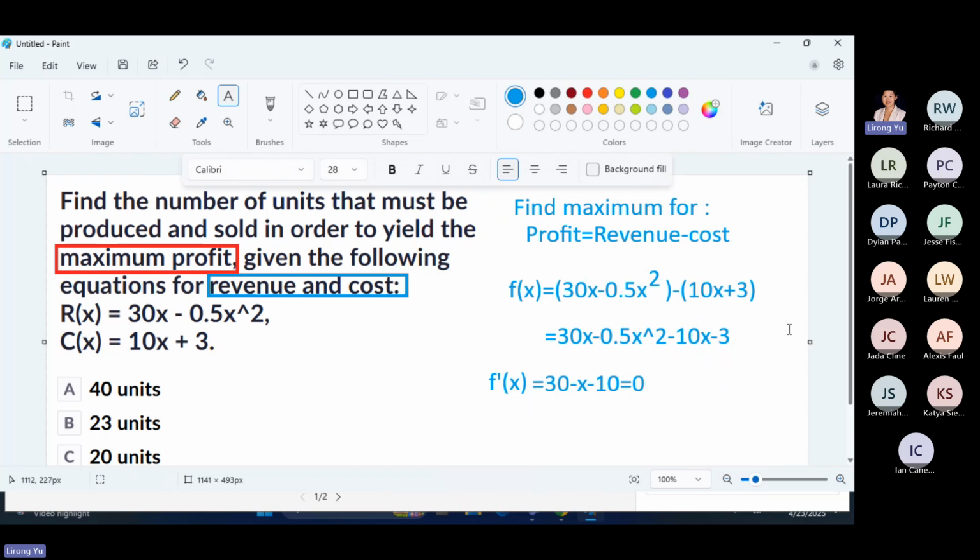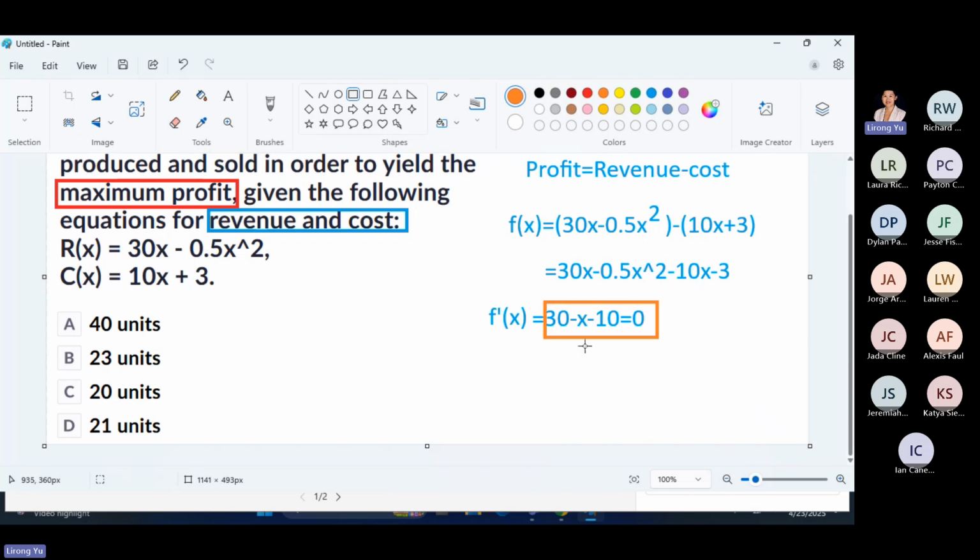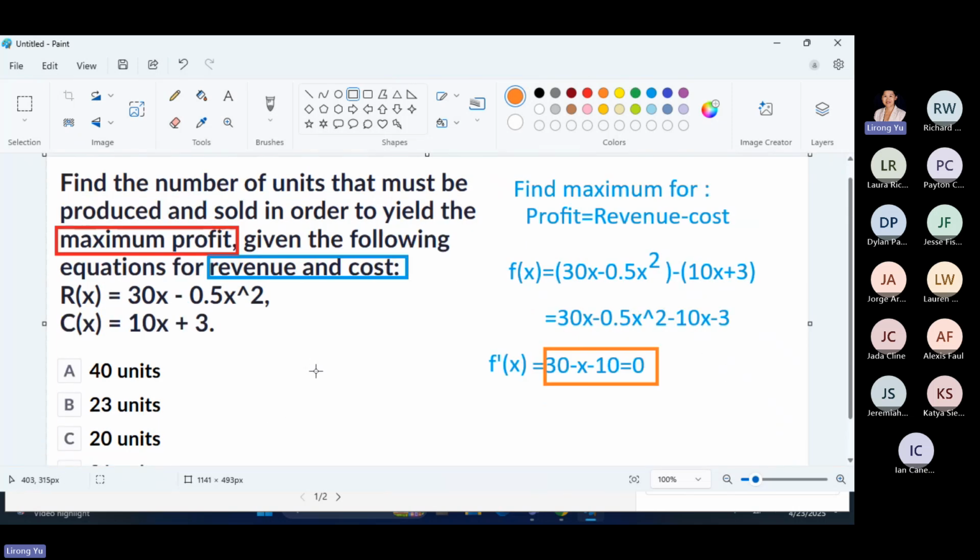Then it becomes equation solving, right? We started out talking about derivatives, but when you already determine what you want to solve, we're focusing on that, so it becomes an equation. Solving this equation, you have the answer, right? The x value represents the number of units, and the function f of x represents the actual profit.